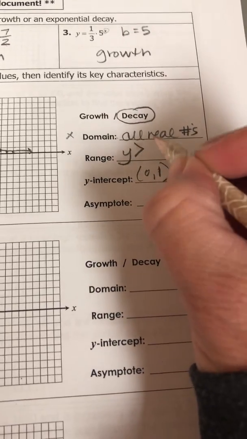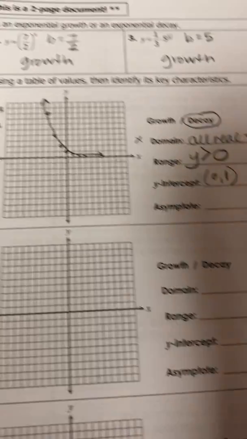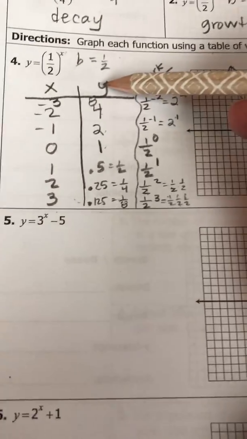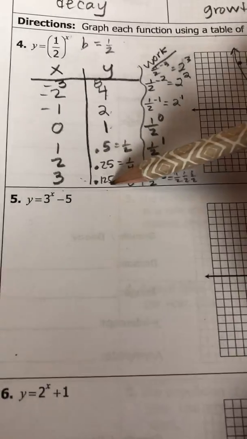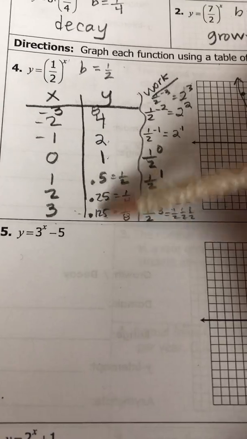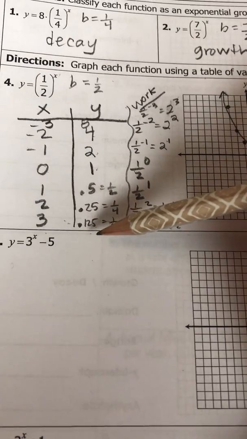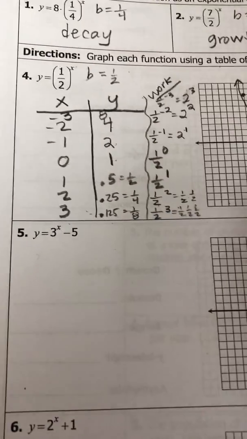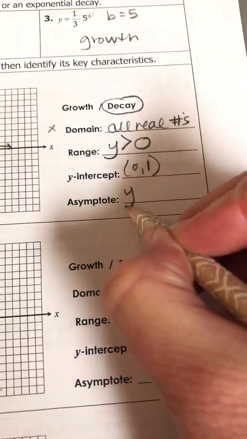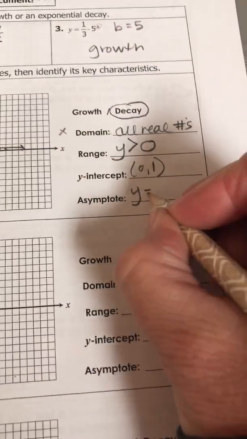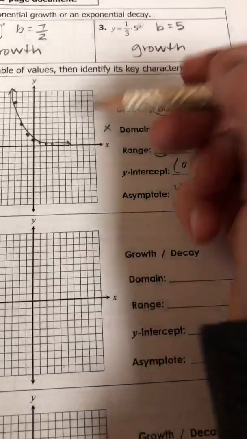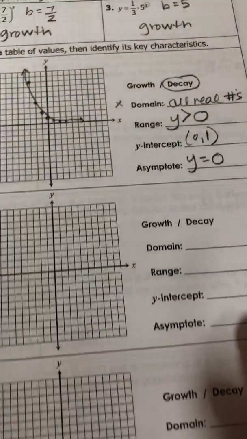So all of my range is going to be greater than 0. Even though this is going to get exponentially smaller, it's never going to be a negative number. It's never going to be below 0. And my asymptote is going to be y equals 0. It's just hovering on that 0.